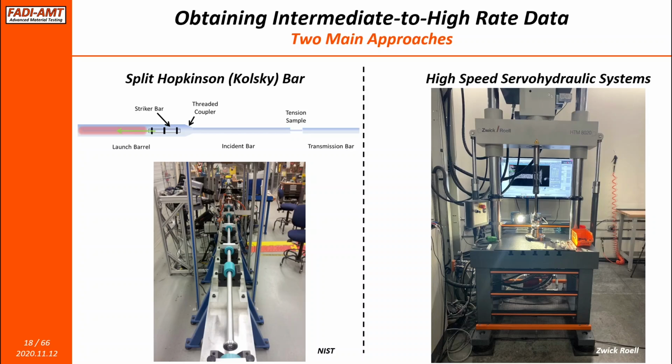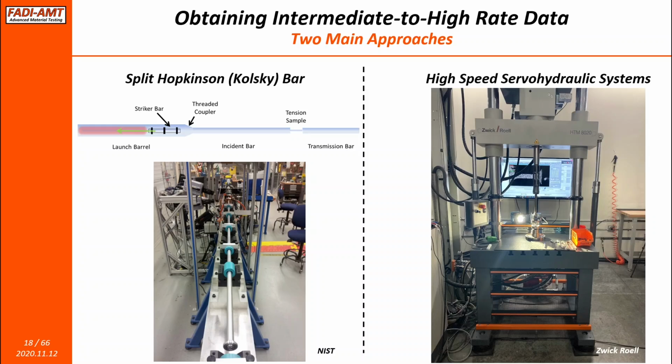On the right-hand side is an example of a modern high-speed servo-hydraulic system. As we will show later in the videos, and probably you can see from the picture, it is nothing but a machine that looks like a standard tension machine to some extent. However, this machine, of course, is servo-hydraulic, and the fact that it's high speed means it's configured for high speed operation.